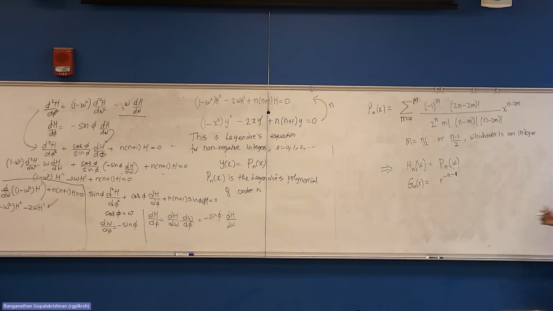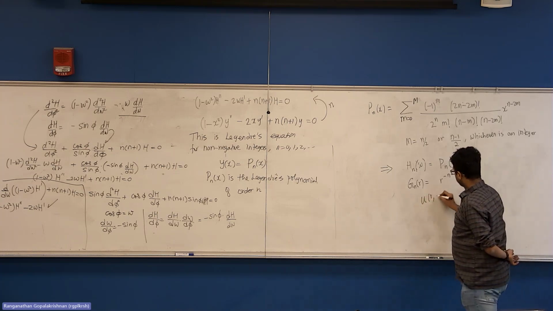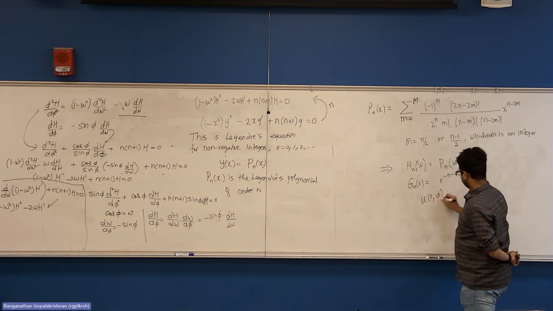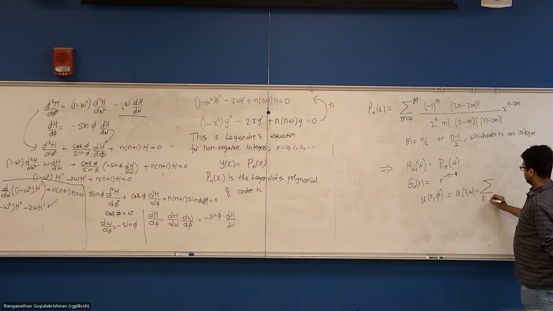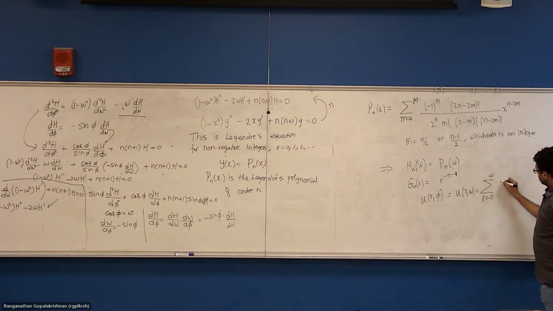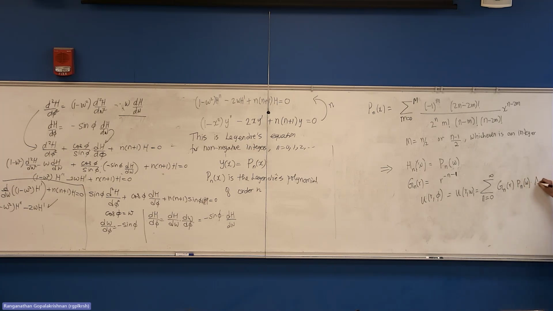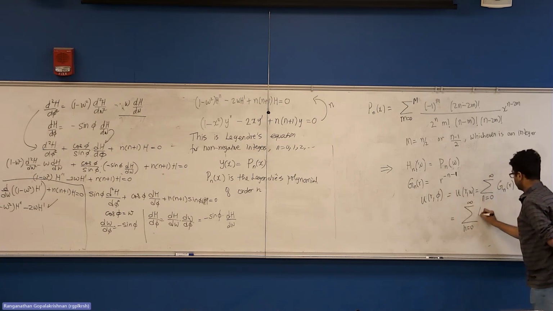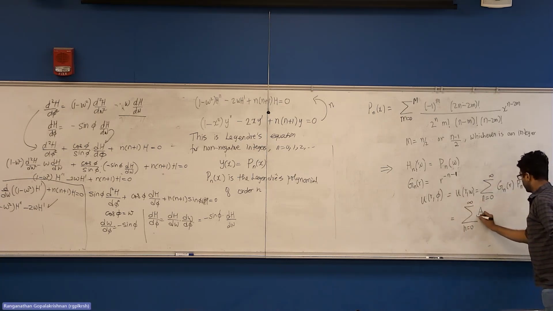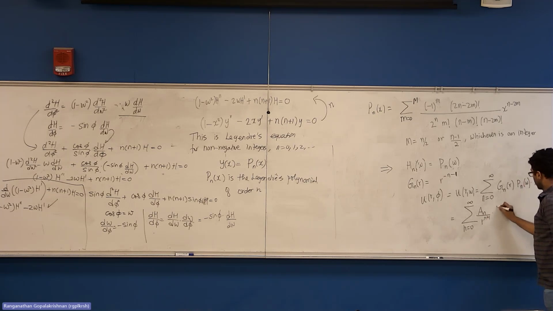So we can write that combined function u of r comma phi, which is like writing u of r comma w first of all, as the sum n equals 0 to infinity of Gn of r times Pn of w multiplied by an arbitrary constant An, which we can write as the summation n equal to 0 to infinity An divided by r to the power n plus 1 times Pn of cos theta. I'm sorry, cos phi.